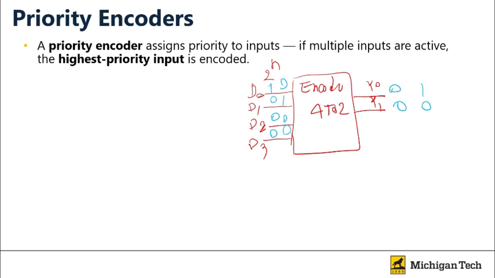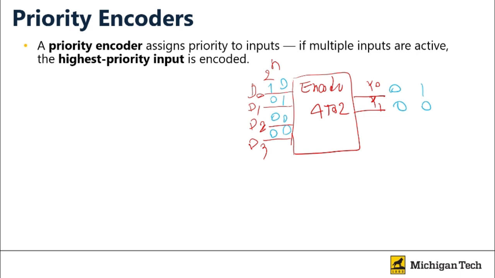Priority is one of the things that we always need in computers. Like for example, interrupts happen in a computer a lot. And if multiple interrupts happen at the same time, the one with the highest priority needs to get more chance to be checked first.